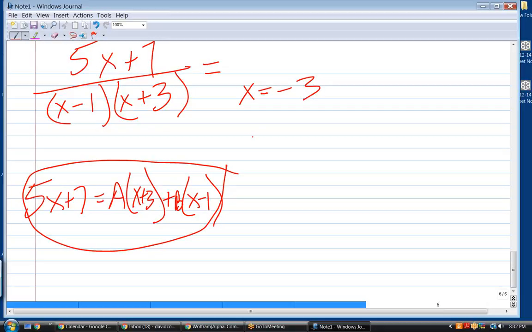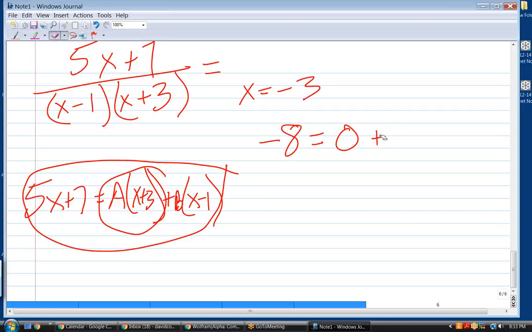What's the left side become? -15 plus 7, which is -8, equals, this whole term goes to 0, plus... Well, there's only one negative sign there. It's plus B with a coefficient of -4.